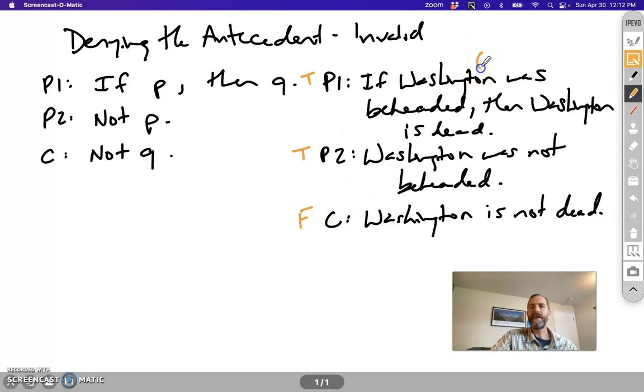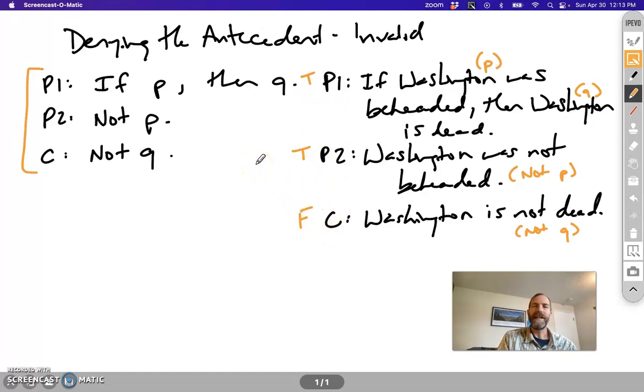So what we have here is an antecedent P implying a consequent Q. We have as our second premise a denial of P. Okay. And then for our conclusion, a denial of Q, our consequent. And the argument's invalid clearly because this form allows for a possible argument where the premises are true and the conclusion is false.